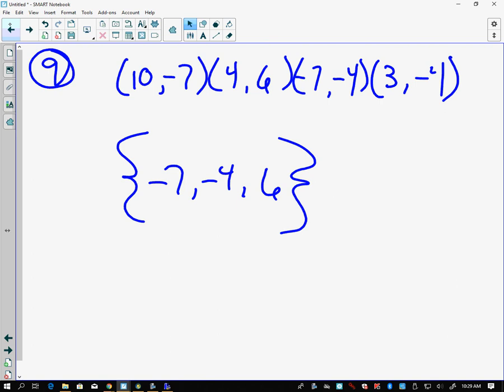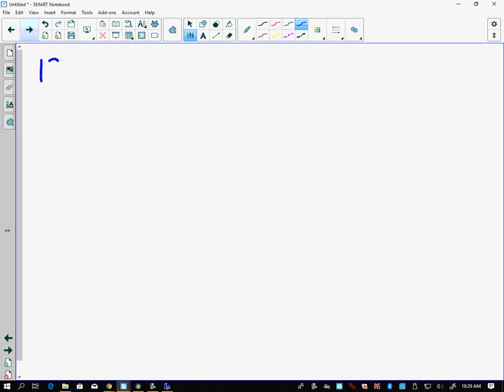All right, number 10. I want to say that there's only 19 questions on this test. On this one, you want to identify the excluded values and then simplify the expression. Let's see if I can come up with one for this.